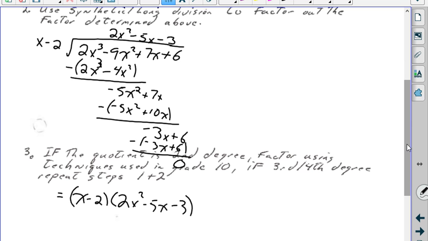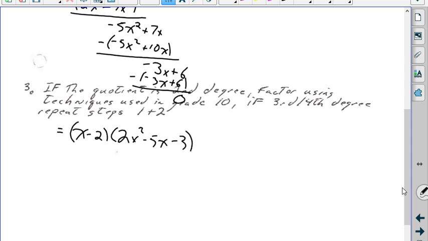Now I want to see what can I do with this quadratic? Well, I need to factor that quadratic also. And that factoring of the quadratic is two numbers that multiply to negative 6 and add to negative 5. Those ones are negative 6 and positive 1.